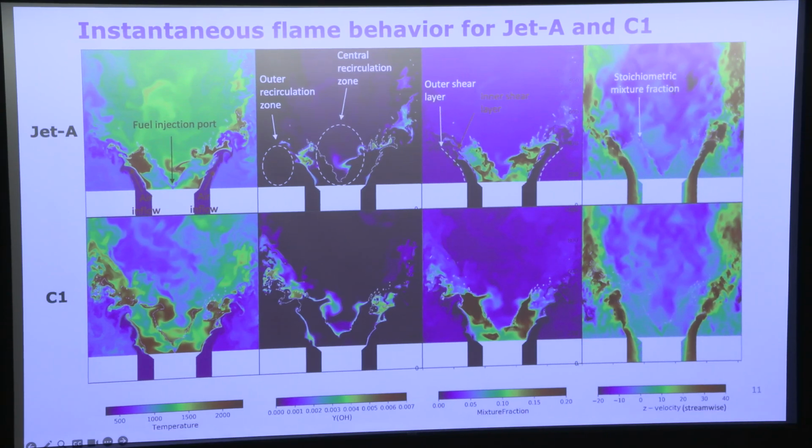And you see from the OH contours and also from the temperature contours where there are localized extinguished regions. And you can also see from the mixture fraction that in the inner shear layer you have fuel-rich pyrolyzed intermediates or reactants.